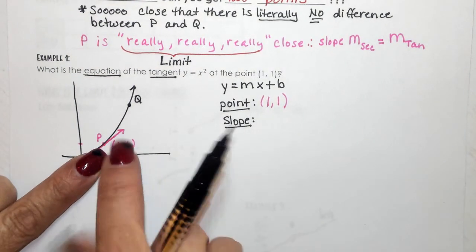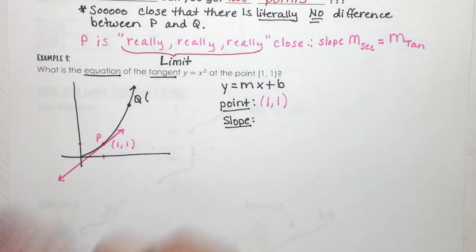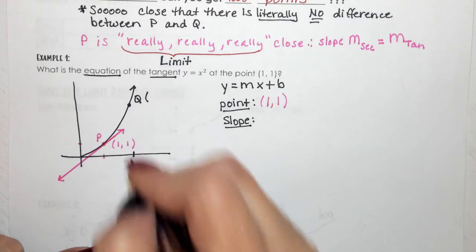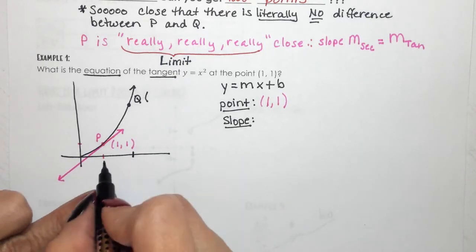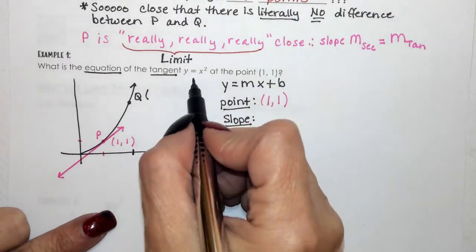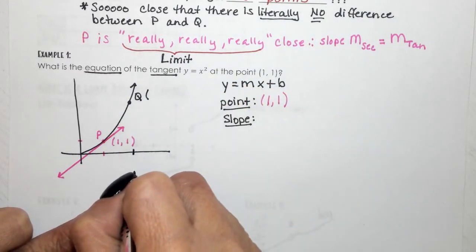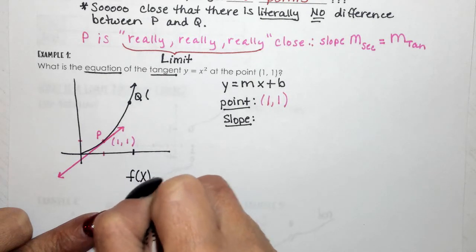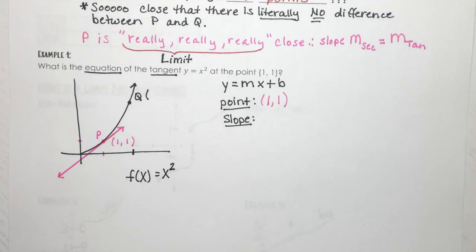I know the point 1, 1. What's the ordered pair that makes up Q? So Q would be over here. I would go over how much? I want it to be arbitrary. I want to remember, it's the function y equals x squared, or I could say that it's f of x equals x squared. Sometimes it's easier to think about it like that.